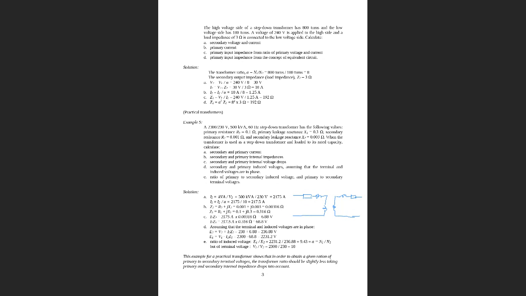So generally, suppose the input current at the primary, say I1, resistance R1, and the leakage reactance X1. Similarly, we have X2, R2.